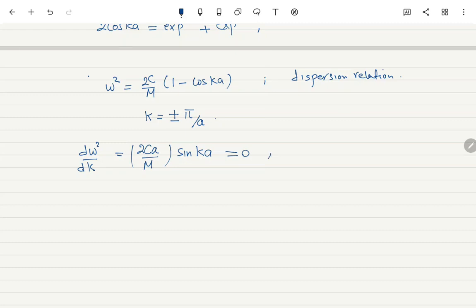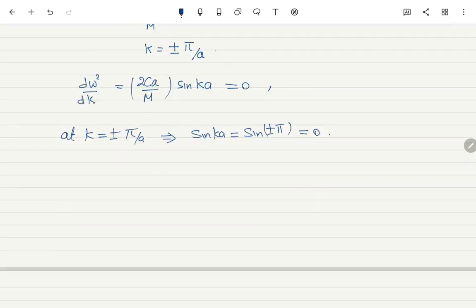Now at the zone boundaries, at k equal to plus or minus pi over a, sine ka will be equal to sine plus or minus pi. Now it doesn't matter, because sine pi or minus pi equal to 0, this one here equal to 0.